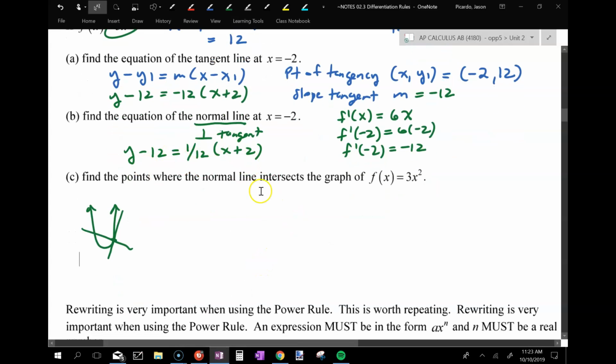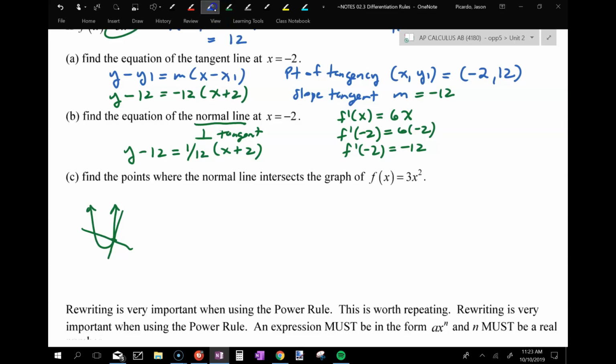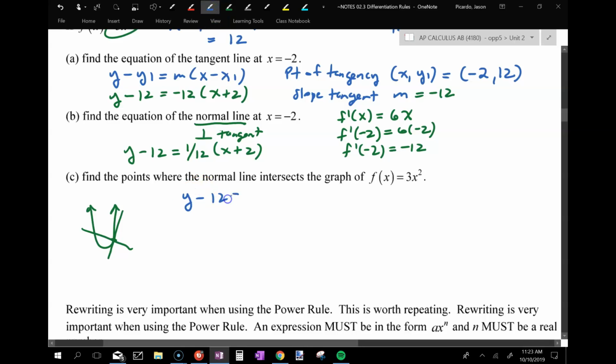Well, if this is my normal line, and I want to know where does it intersect 3x squared, what am I going to do?